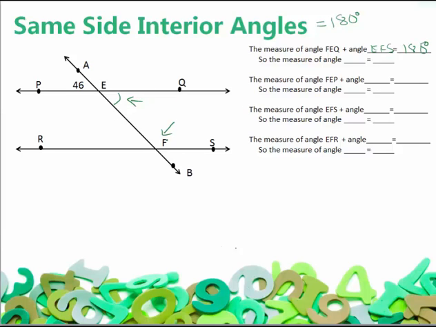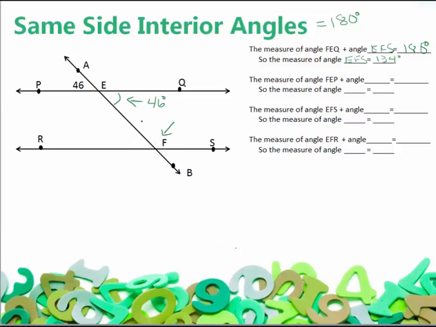Well, if I know they equal 180 degrees, I can determine what angles equal. For example, this one is 46 degrees because it's a vertical angle. And since I know that this transversal is made up of this 46 degree angle and this angle here, EFS, I know that the measure of angle EFS must equal 134 degrees. Because again, we have the straight line theorem, and these 2 equal 180.